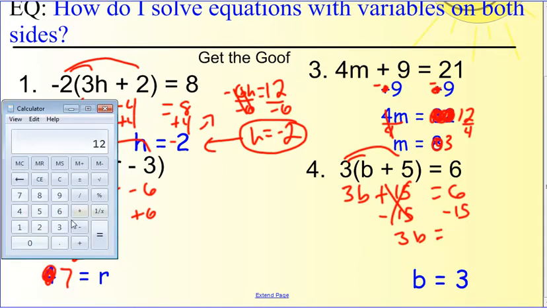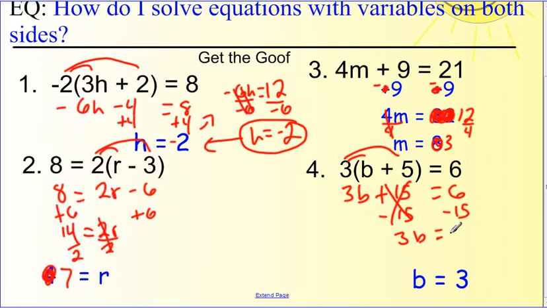Well, we'll pop in our calculator, I guess. 6 minus 15, ooh, that's not 15. 6 minus 15 equals a negative 9. This is a times by 3, so we divide by 3 here, divide by 3 there. They cancel. B equals a negative 3.